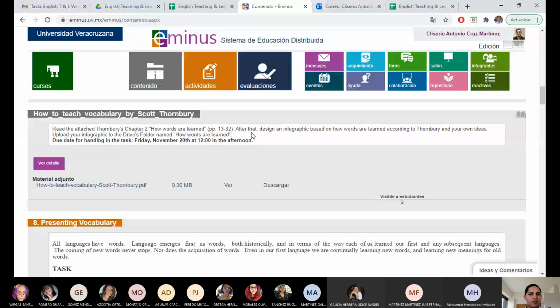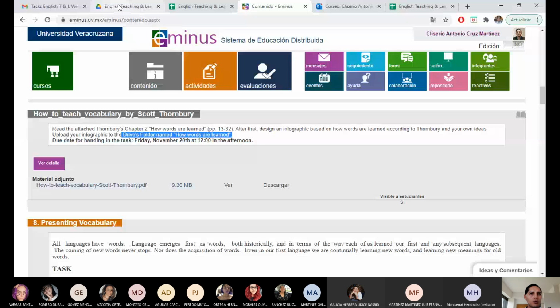After reading, design an infographic based on how words are learned according to Thornbury and your own ideas, and including the information we just attended in the presentation, of course. Upload your infographic to the Drive's folder named How Words Are Learned.